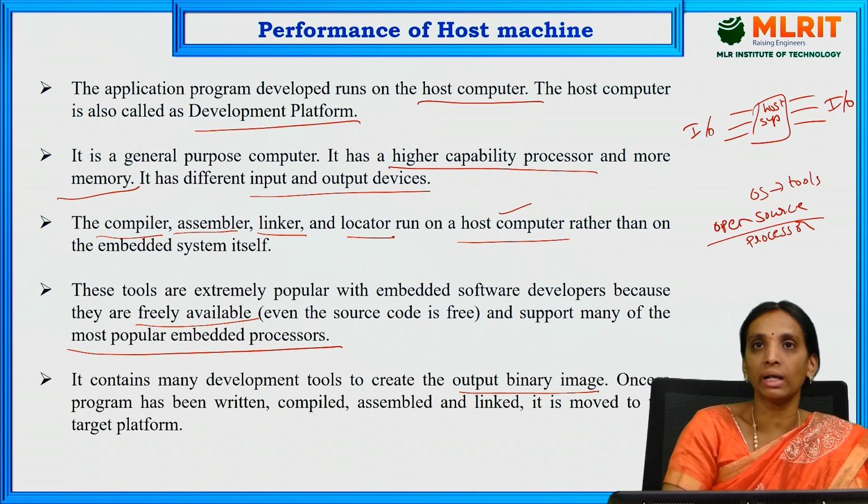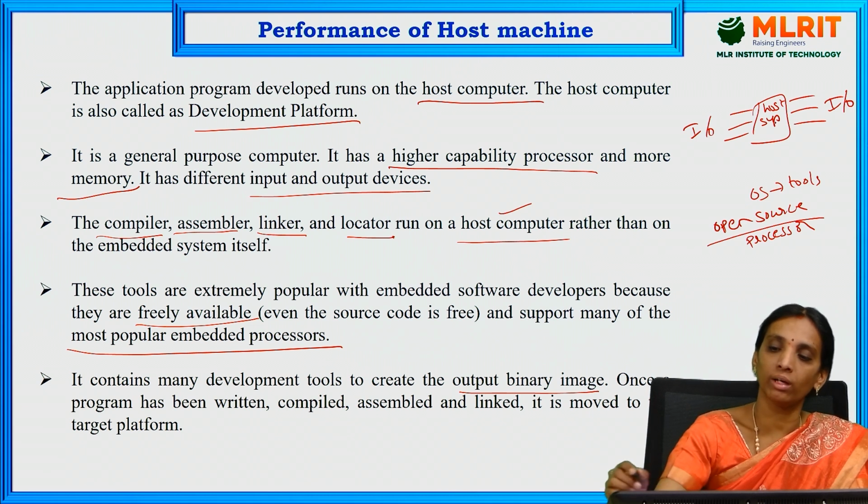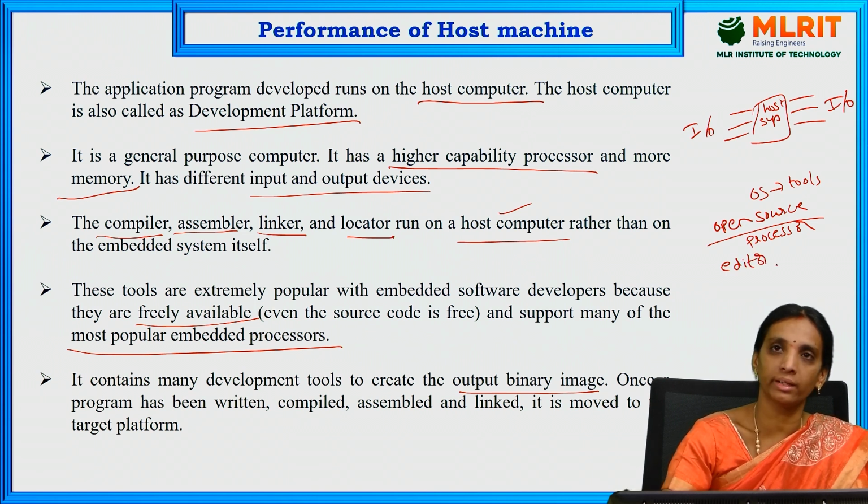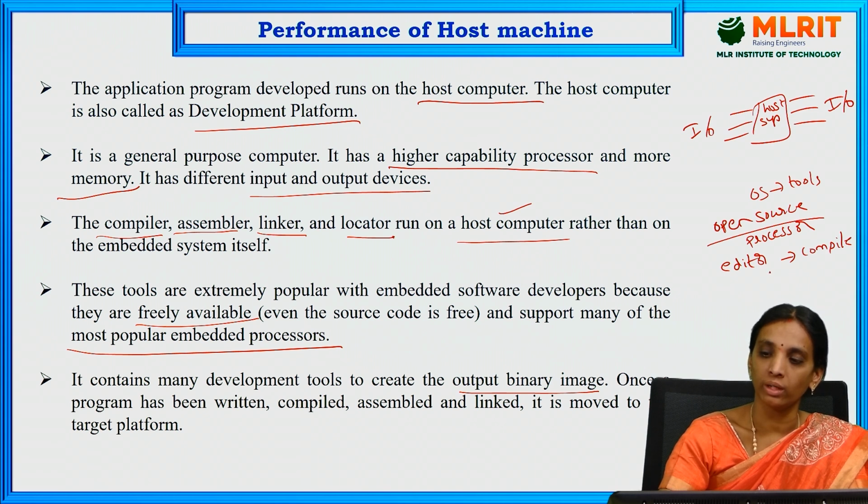So what is the final result of this host machine? Here in this host machine we have installed all the software related to our application, and we have created an editor and entered our program. After entering our program, we do the compilation, checking for errors. If any errors are there, we modify the program and solve them. After all the bugs are fixed, we go for debugging or testing.